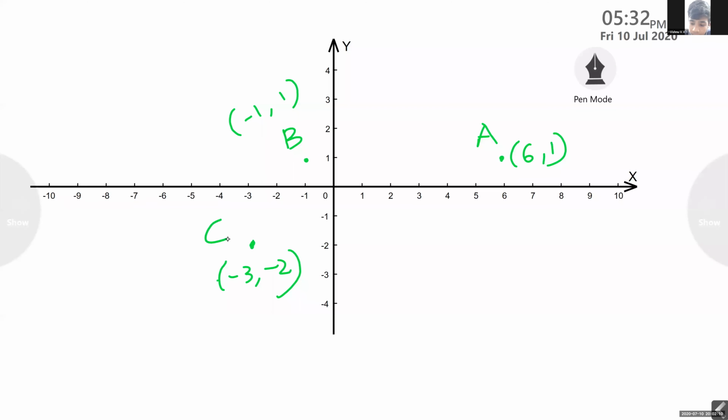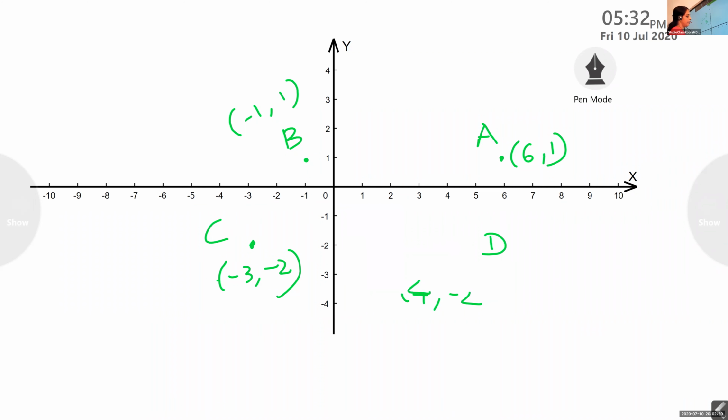Okay, this is point C. Now, this point, point D. Who will tell? Heinz, will you tell this point? Ma'am, I'll say. Heinz, ma'am, 4 and -2. 4 and -2. This 4 and -2. Okay.